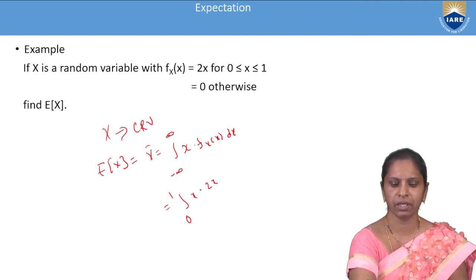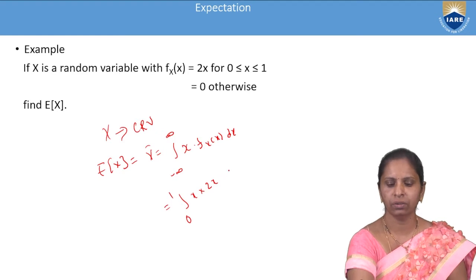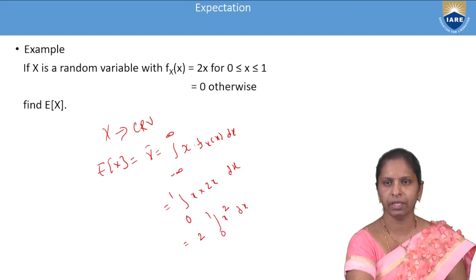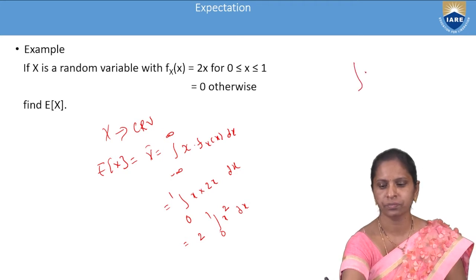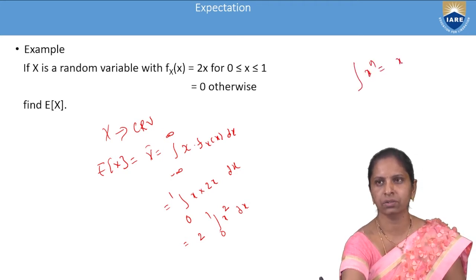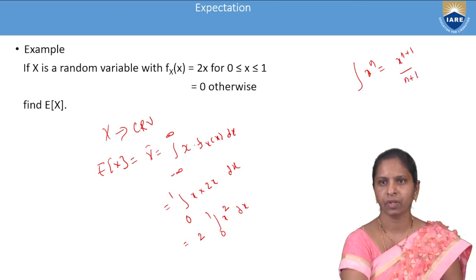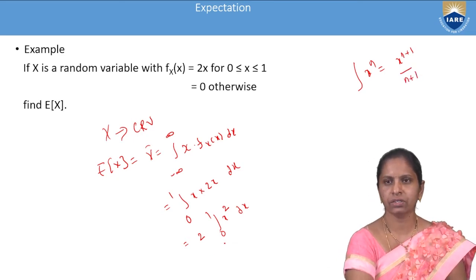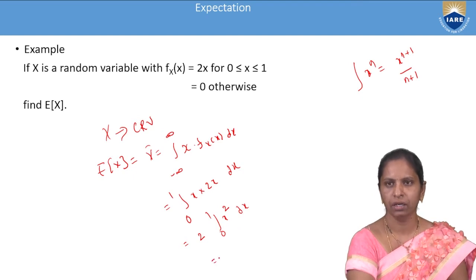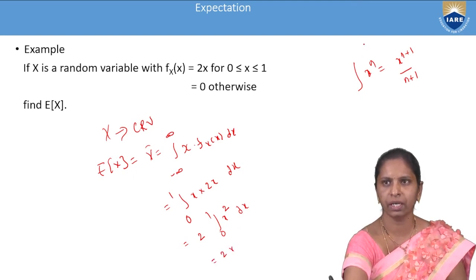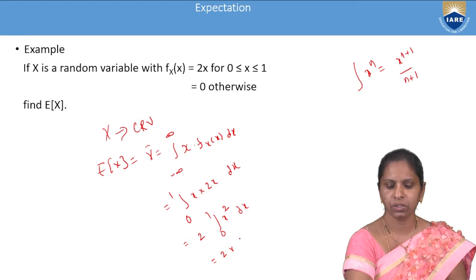So here we have x into 2x dx, which equals 2, a constant, times the integration from 0 to 1 of x square dx. So the integration of x power n is x power n plus 1 by n plus 1. And similarly, the integration of x square is, in place of n, here I am having 2, so x cube by 3.